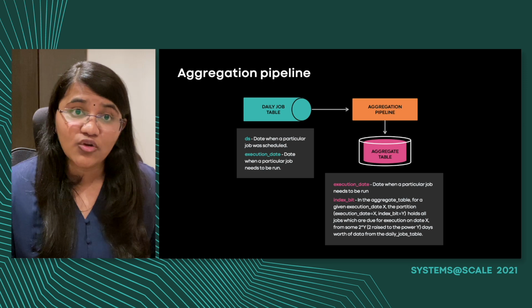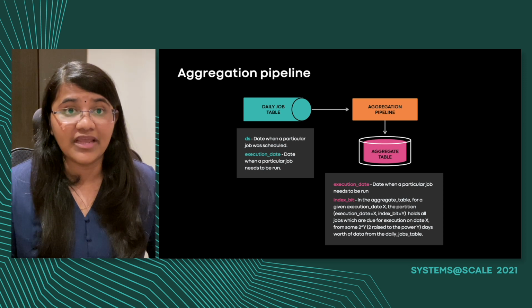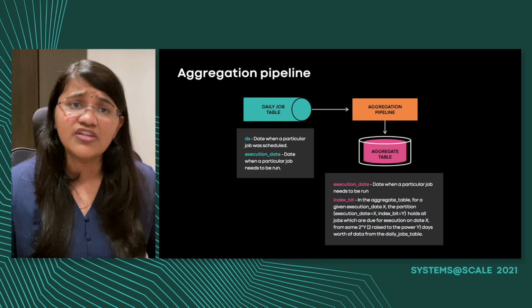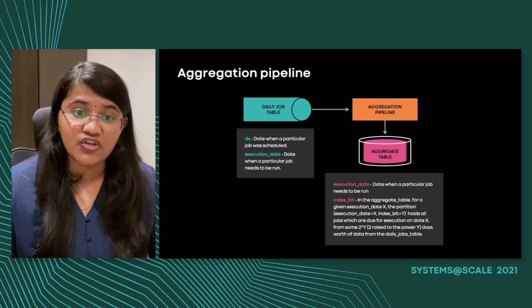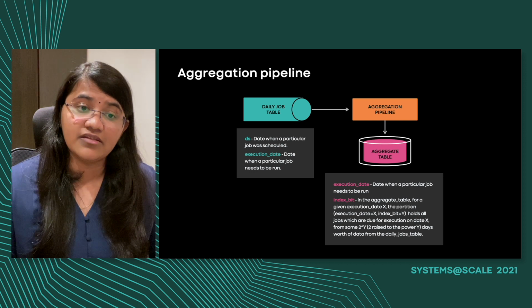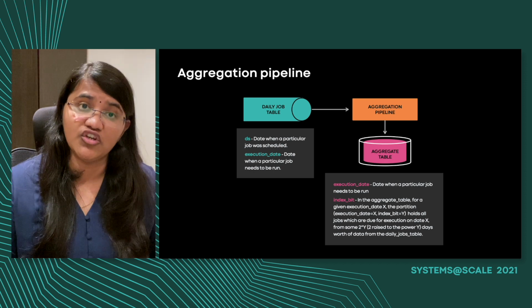So let's dive into what these tables store and understand how the aggregate pipeline works. As mentioned in the previous slide, the daily job table contains the information of all the ephemeral objects which are scheduled for deletion. This table is partitioned into DS and execution date.